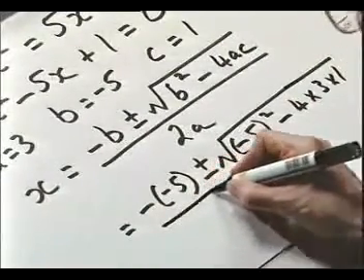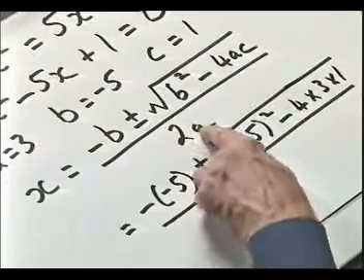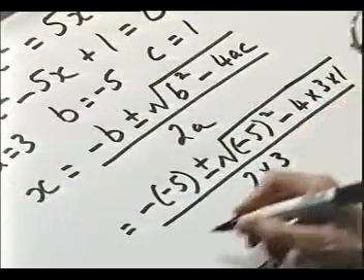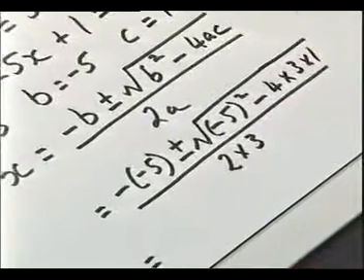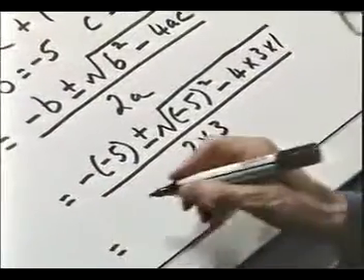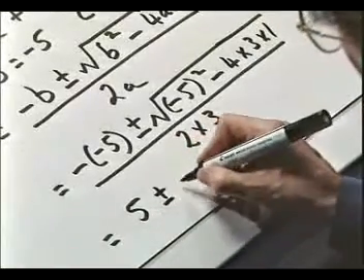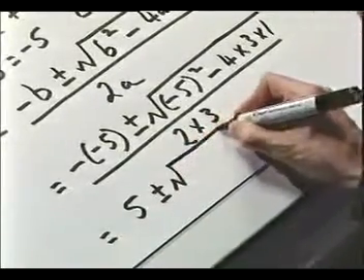And that's all over 2a, 2 times a, which is 3. Now, we'll simplify this. Minus minus 5 is plus 5, plus or minus the square root of.